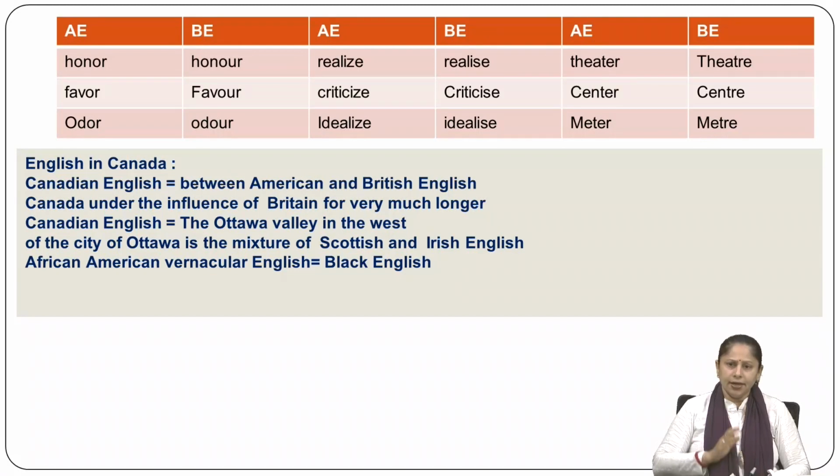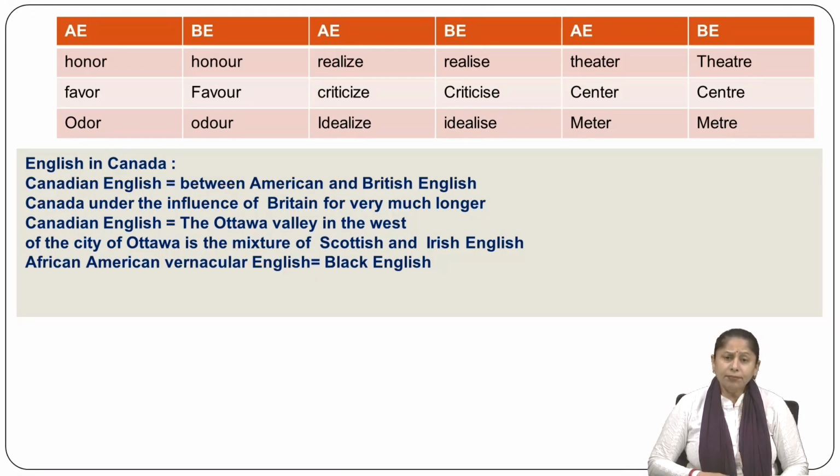English in Canada. Now we are going to focus on Canadian English, which is between American and British English. Look, it is a combination of both Englishes, American and British English. Canada was under the influence of Britain for much longer. That's why it is utilizing Canadian English with British accents.